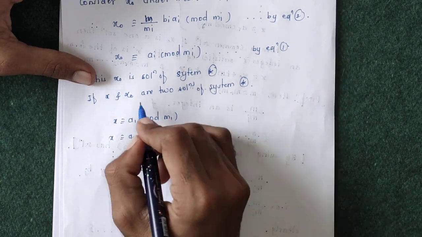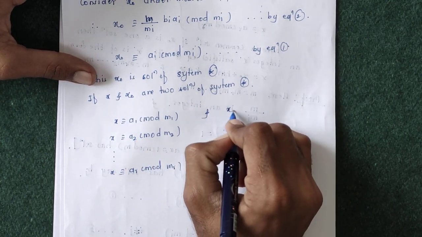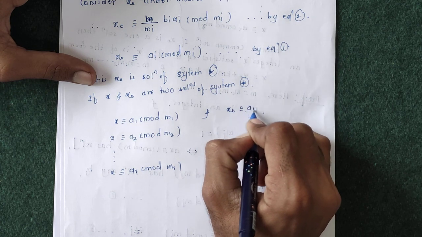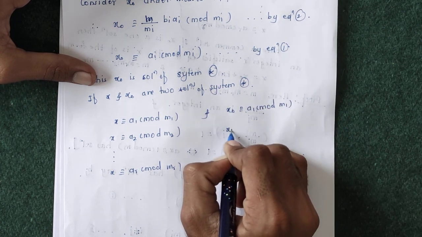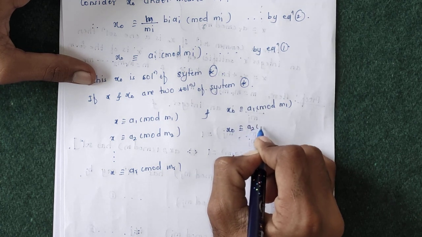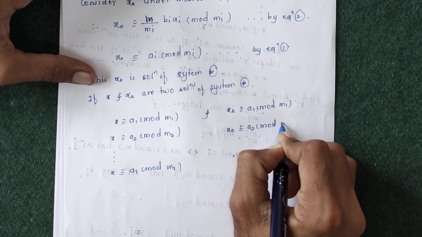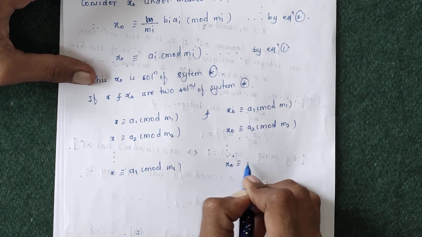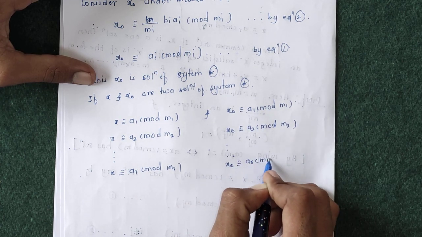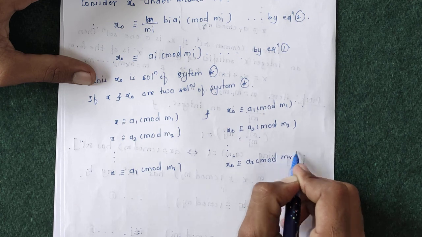Also this x naught is a solution, so we can write x naught is congruent to a1 modulo m1, this x naught is again congruent to a2 modulo m2, up to x naught is congruent to ar modulo mr.